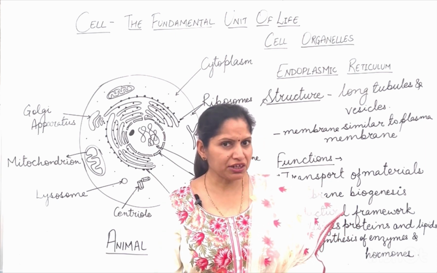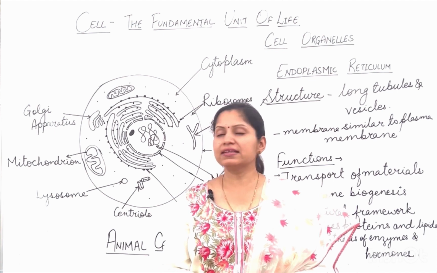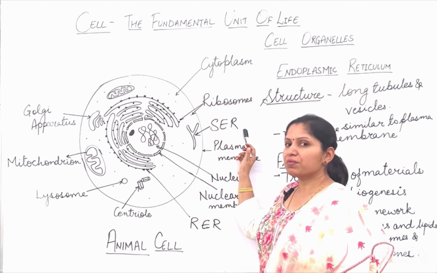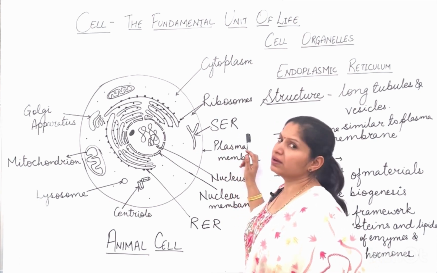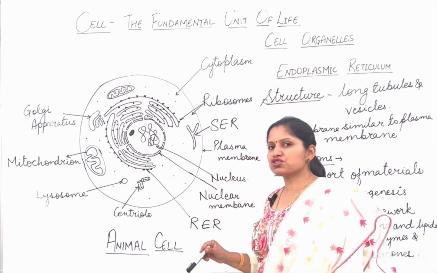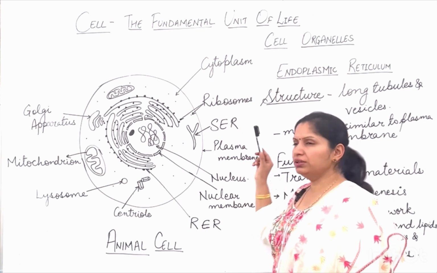If the endoplasmic reticulum doesn't have any ribosomes over its surface, then it's called smooth endoplasmic reticulum, represented by SER. So endoplasmic reticulum, we have seen, is of two types: rough endoplasmic reticulum and smooth endoplasmic reticulum.